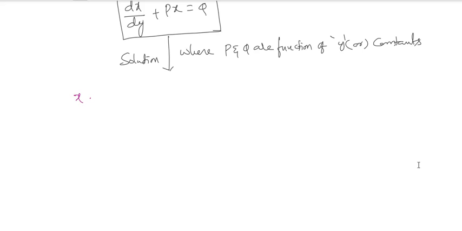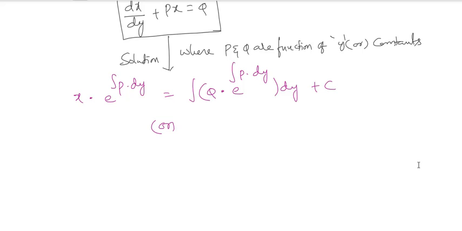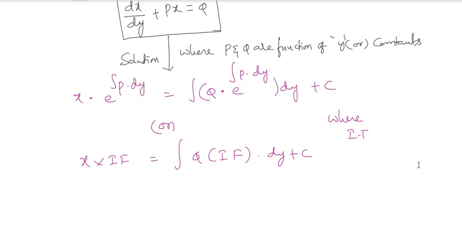Like the earlier case, x into e to the power of integral p into dy, which is equivalent to integral q into e to the power of integral p into dy, whole into dy plus constant c. This is your integrating factor. So x into integrating factor is equivalent to integral q into integrating factor into dy plus c, where the integrating factor is e to the power of integral p into dy.